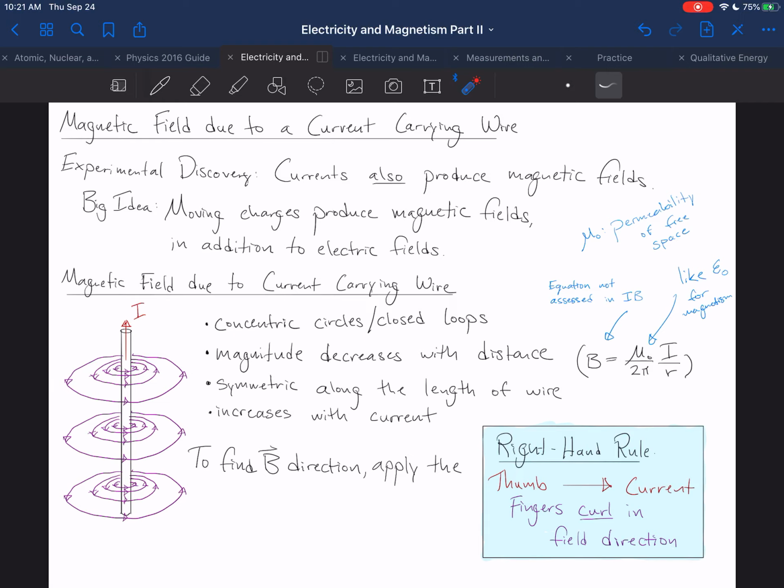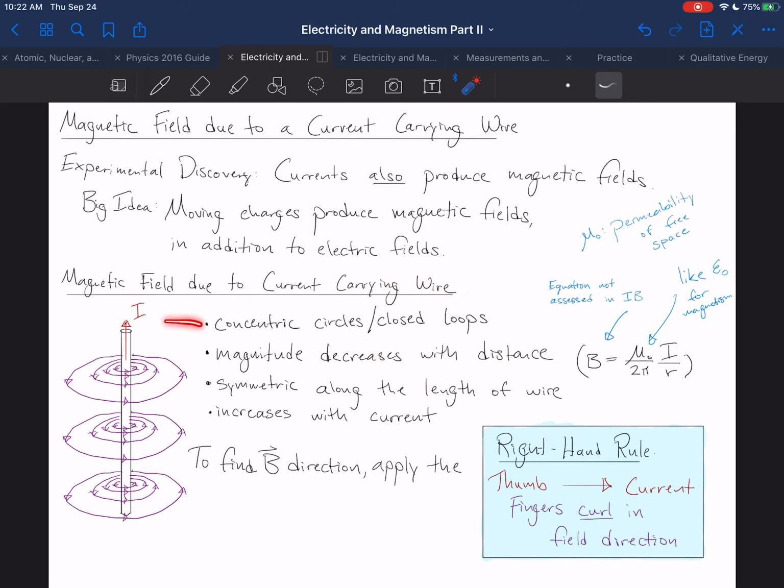If you took a compass and put it all the way around the wire, you would see that the vector direction at any particular point is going to wrap around the wire. They are concentric circles centered on the moving charge, and they are fully closed.